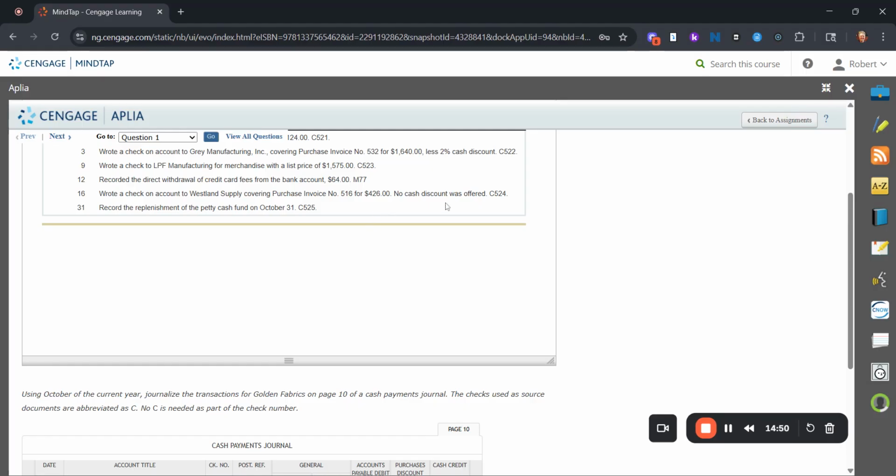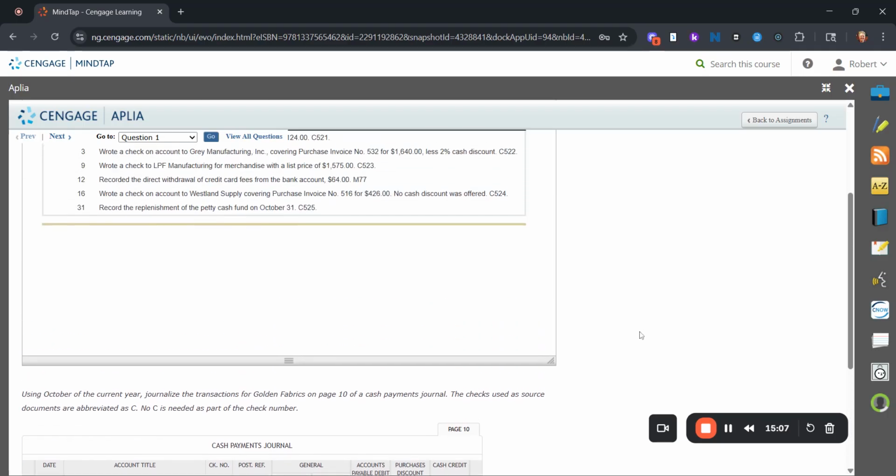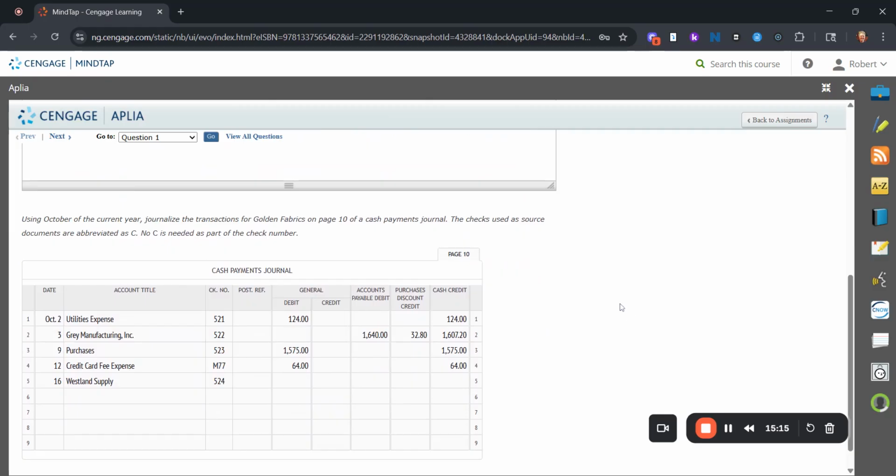It's check number 524. And we'll enter this down in the accounts payable debit column. It's $426. And then we've got to show our decrease in cash for the payment. So 426 cash credit.